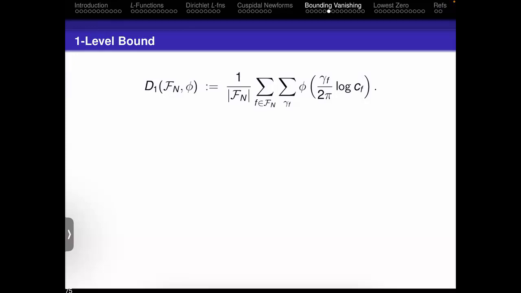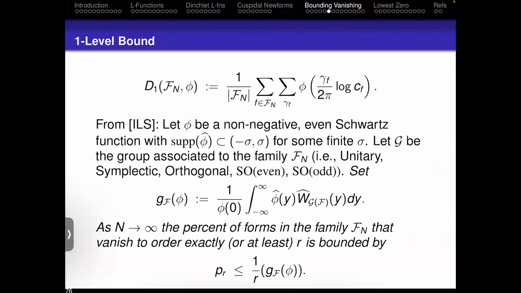If I take my function phi to be non-negative, then if I drop everything but what's going on at the central point, I've only thrown away a positive thing. So what this equals in the limit will be an upper bound, and I can use this to bound the order of vanishing. This is where you get the result that the probability of having at least R zeros is 1 over R times some nice quantity.